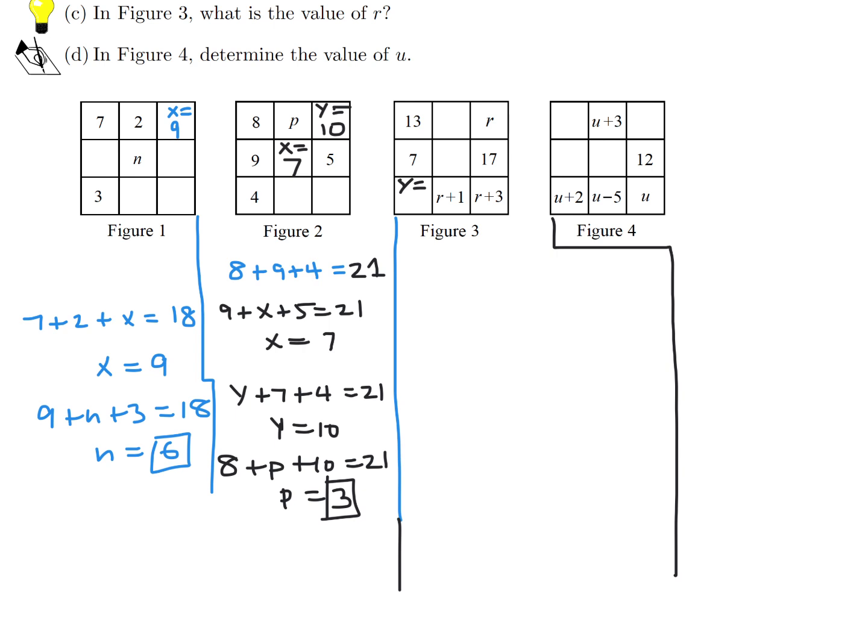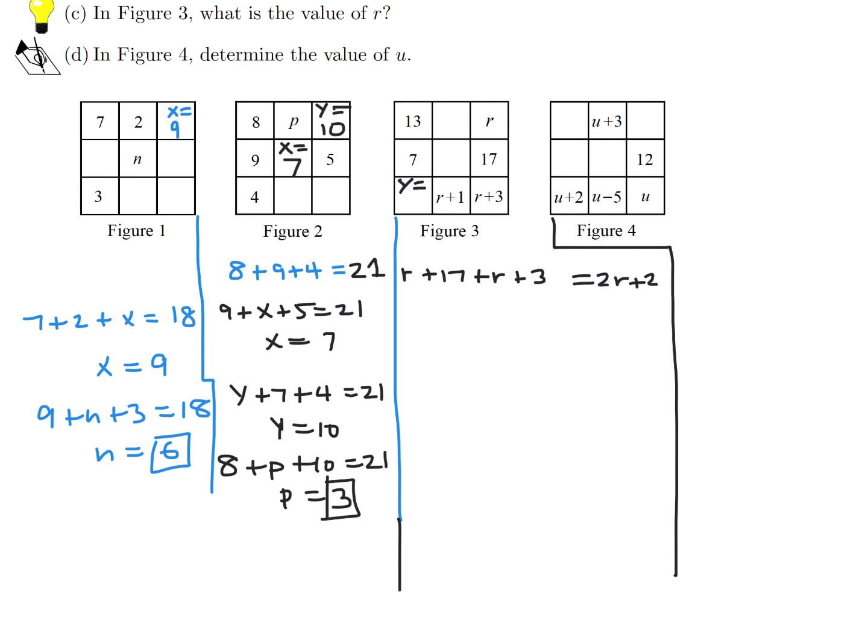Well, I have the last column, r plus 17 plus r plus 3. Let me just figure out what that is. That is 2r plus 20.